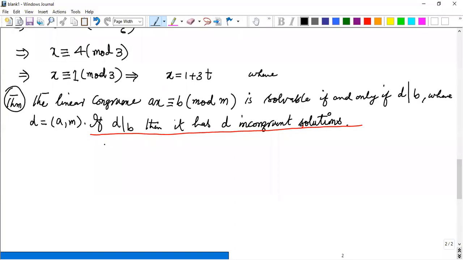And the corollary is, if D is equal to 1, meaning if GCD of A and M is equal to 1, then AX congruent to B modulo M has a unique solution.